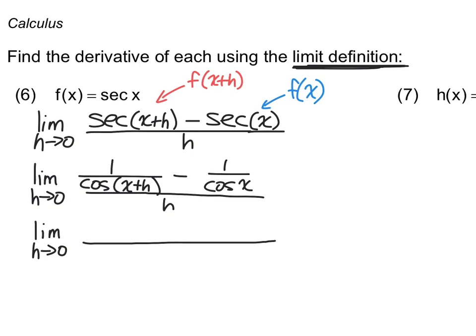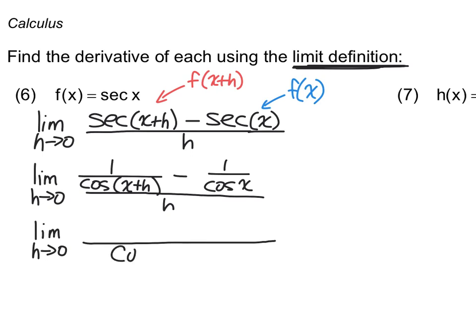I would require students in that class to show the act of multiplying top and bottom here by cosine x and top and bottom here by cosine of x plus h. But that's because the course had algebra in the title, right? This one doesn't. So you don't need to show that step as long as you can come up with that common denominator, and that would be cosine x times cosine of x plus h, all right?